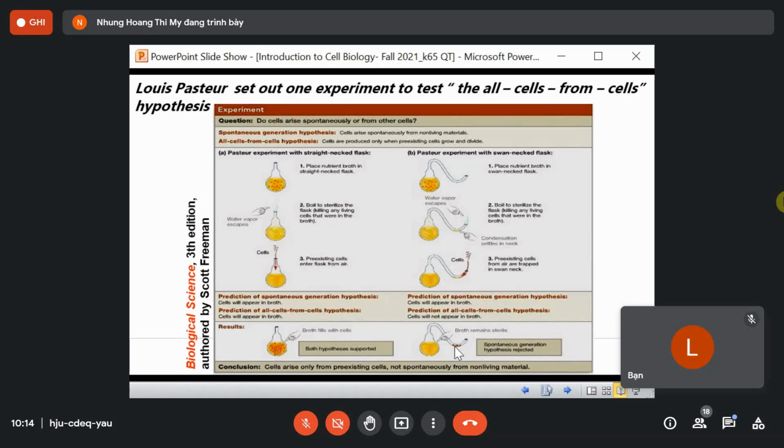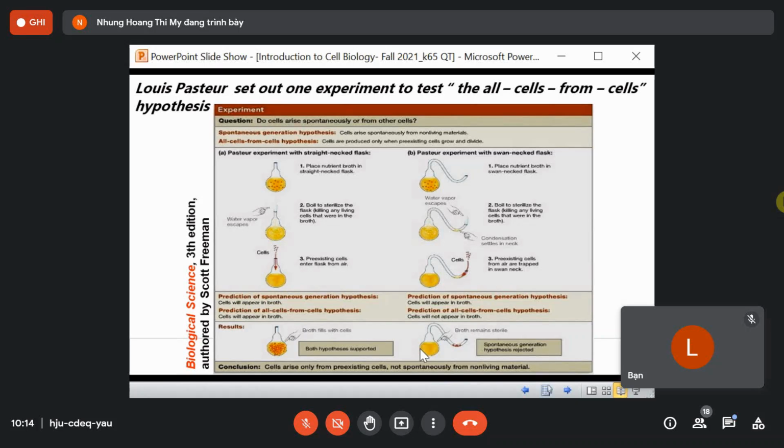They stay in this part and cannot come through to get inside the bottle. So in this part the color changes, but inside the bottle the color doesn't change, because the cell is trapped here and cannot come inside.